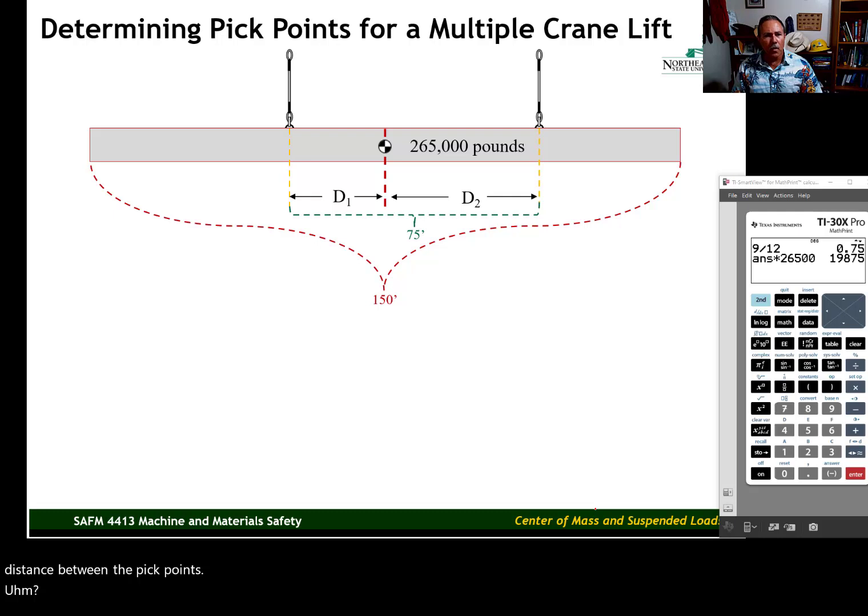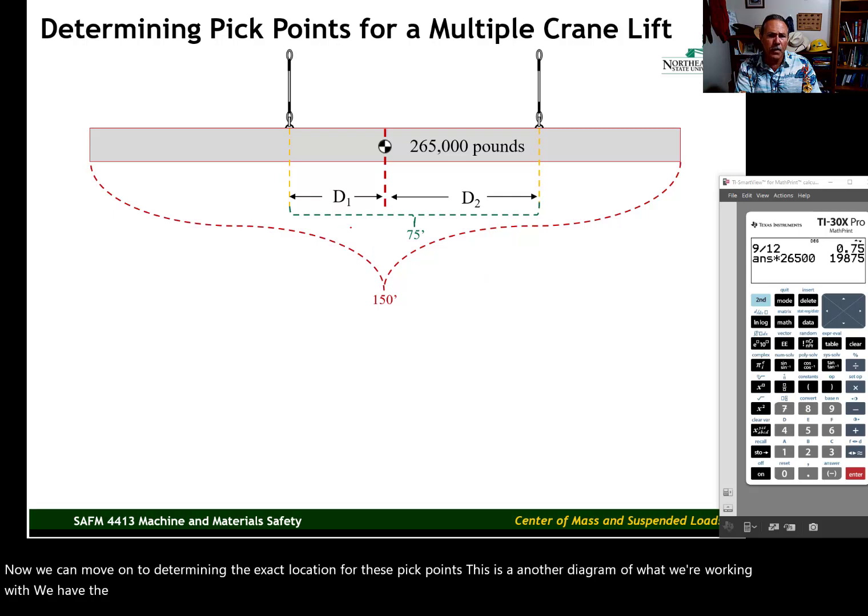Now we can move on to determining the exact location for these pick points. This is another diagram of what we're working with. We have the 150-foot girder. We have 75 feet between our pick points. We have a 265,000-pound load with a center of gravity dead center of the load.